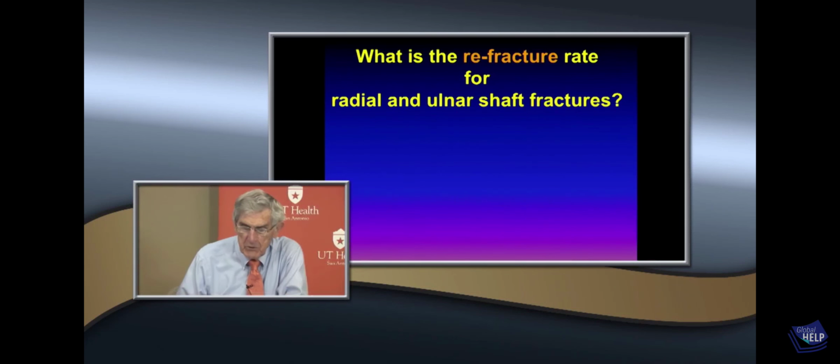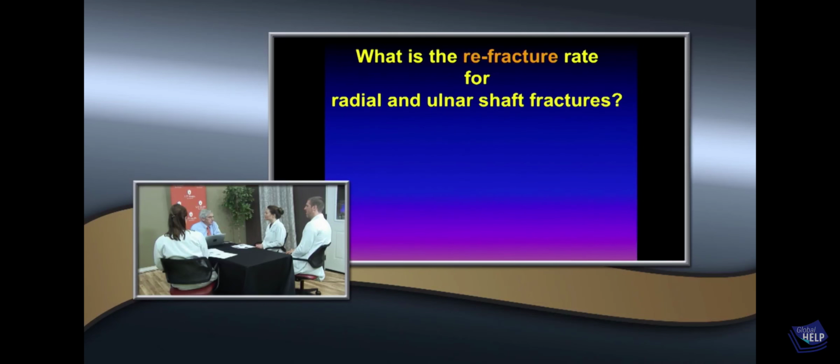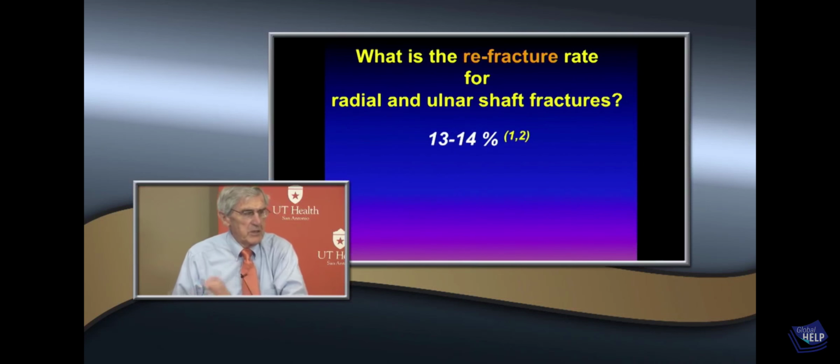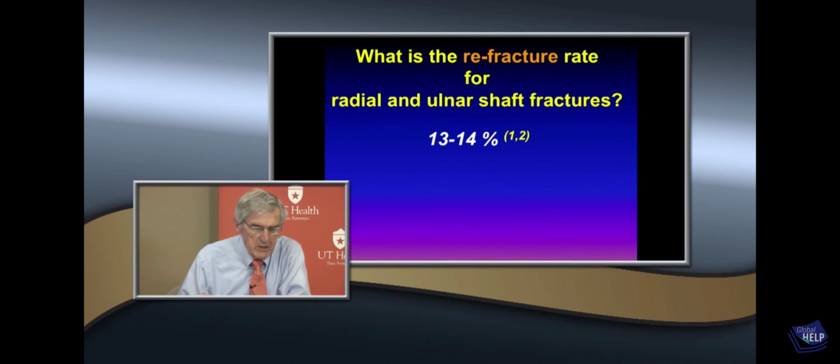Now, what's the refracture rate for radius and ulnar shaft fractures? Well, it's a little over 10%. And you need to warn the patients ahead of time that when you take it out, even though the fracture looks healed, they're going to have to somewhat limit their activity or maybe protect themselves with some type of removable brace until they get their full motion back, full muscle strength back, because about 10% of these will refracture.